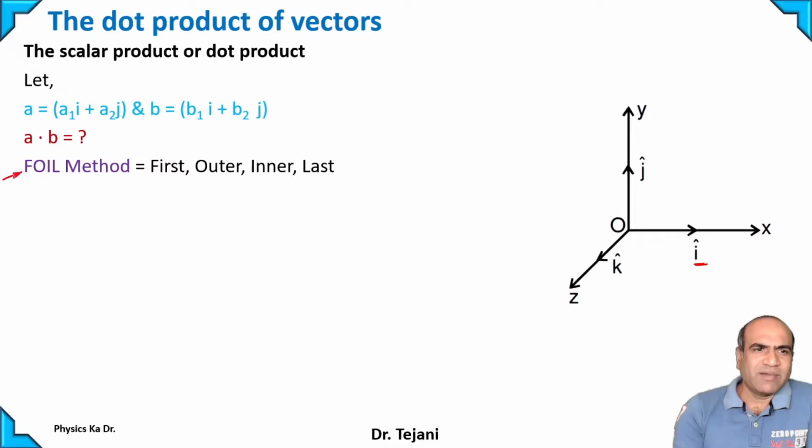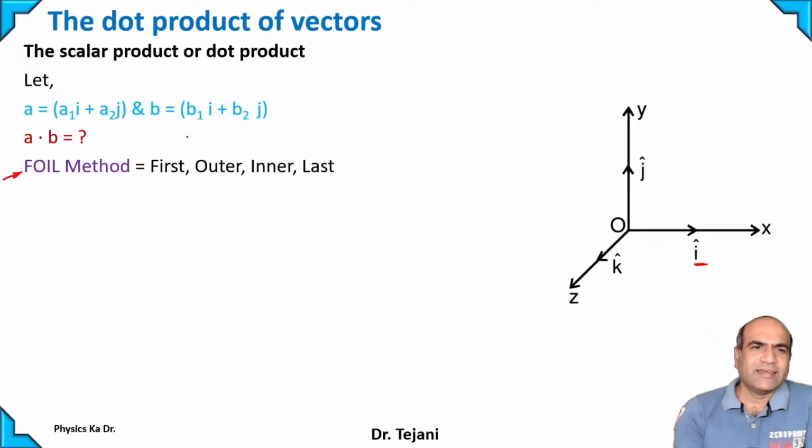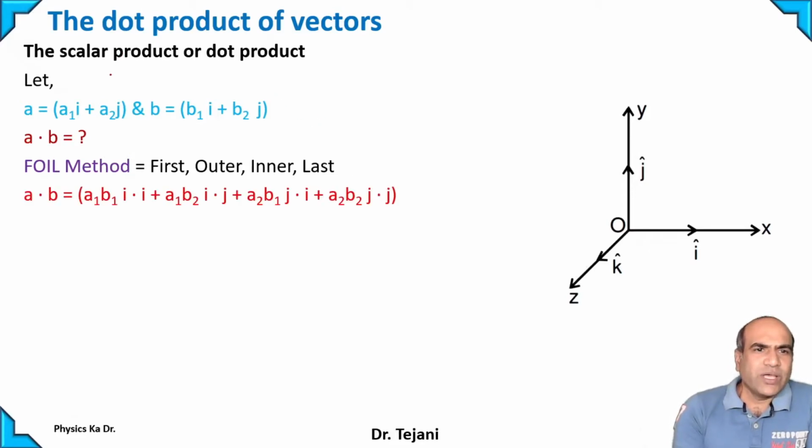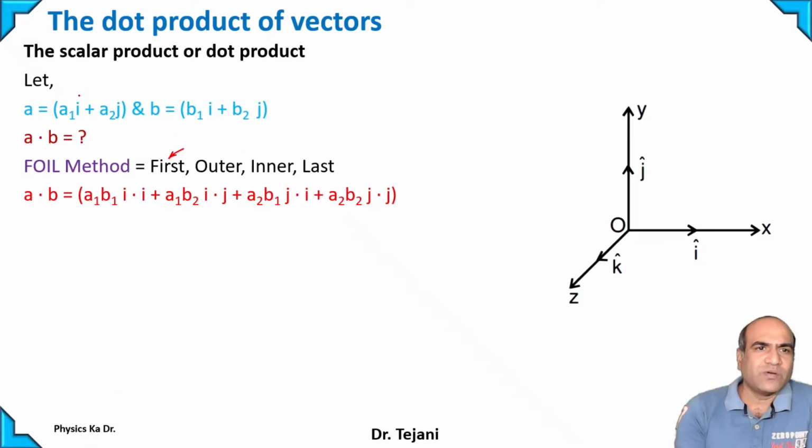So there is a method in mathematics called the FOIL method. F is for first, O is for outer, I is for inner, and L is for last. Let's solve it. So A dot B, let us consider the first component, that is the multiplication of first to first.